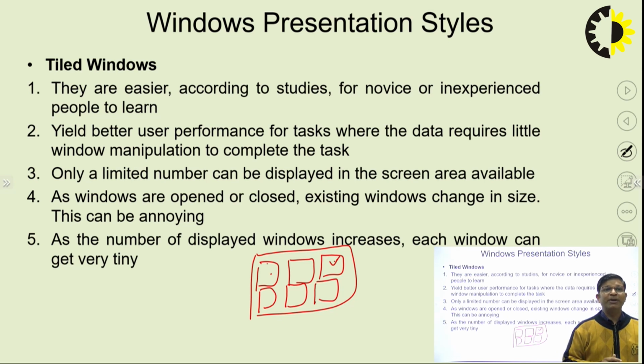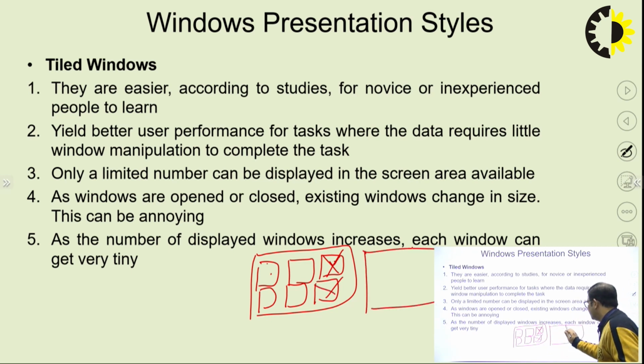As windows open and close, existing window size should be changed to occupy the other window's space. For example, if we are closing this window and this window, what should be done? The screen size of this window, this window, this window, this window should be increased to take the full screen size. This should be automatically done.